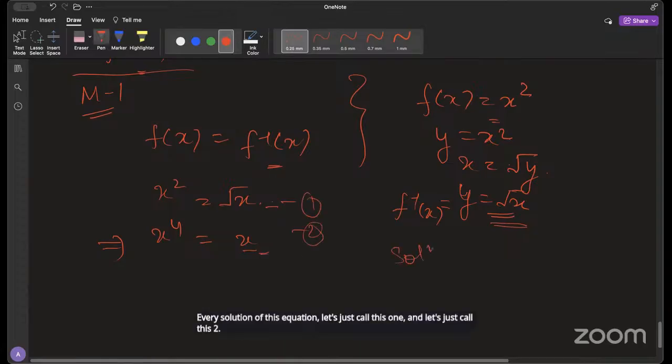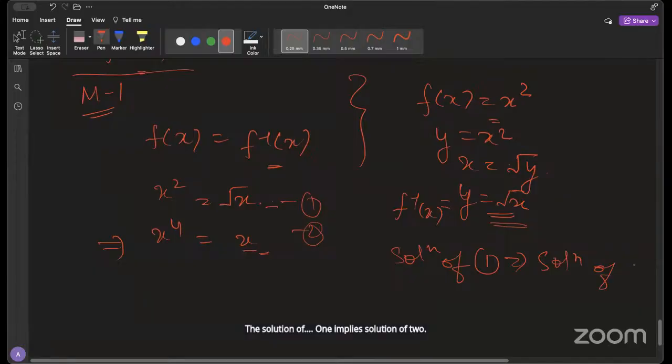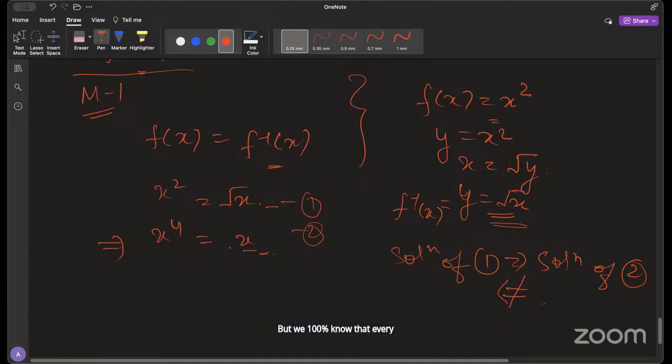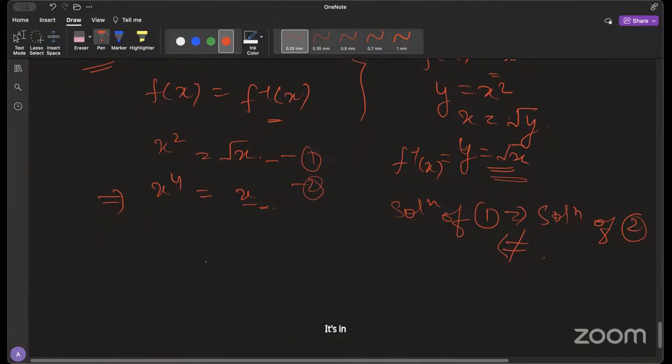The solution of 1 implies the solution of 2, and not conversely; the converse is not true. So first we'll find the solutions of this, and then we'll see if they are solutions of the other as well. But we 100% know that every solution of 1 is also a solution of 2, so the solutions of 1 are going to be a part of the solution set of 2.